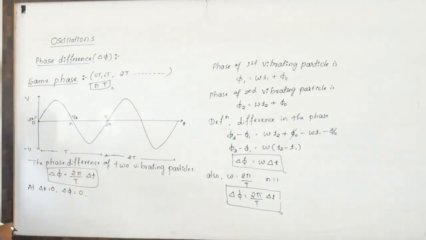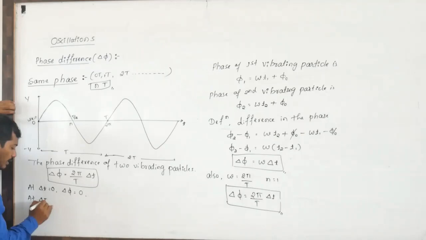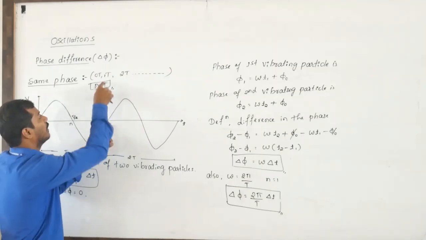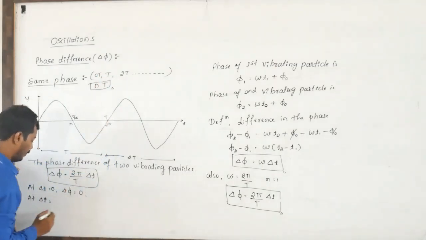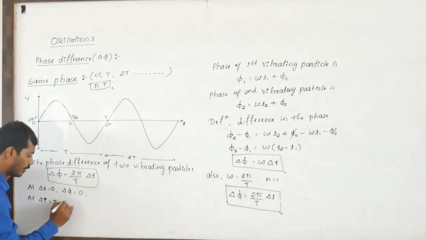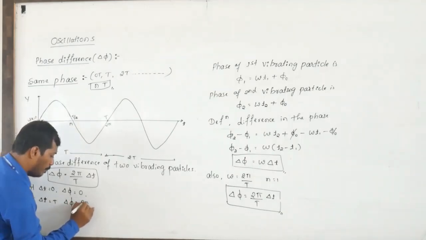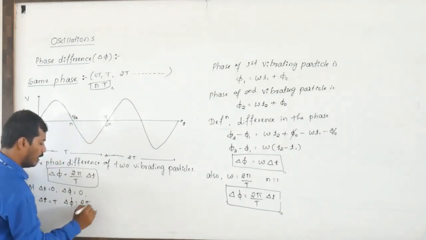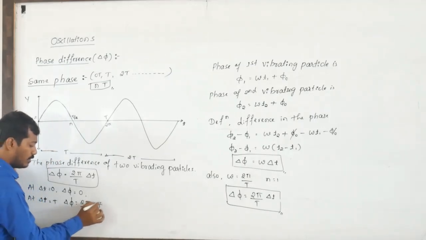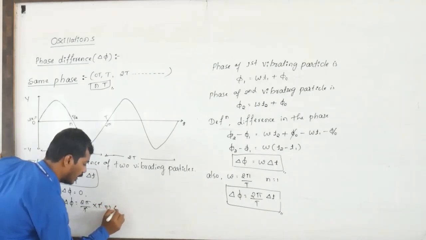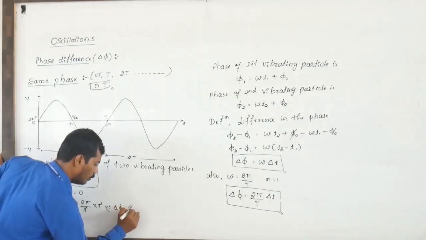The next part: the phase difference in the same phase. Delta t is T, since the same phase starts from T. At delta t equals T, delta phi equals 2 pi divided by T into T, these two cancel, so delta phi equals 2 pi.